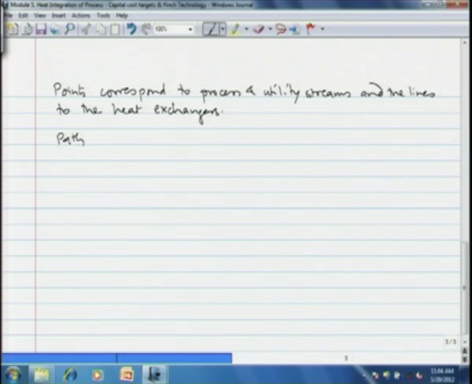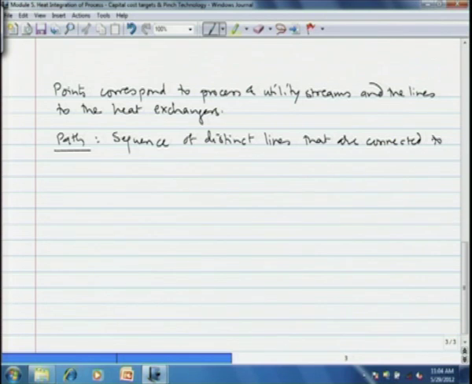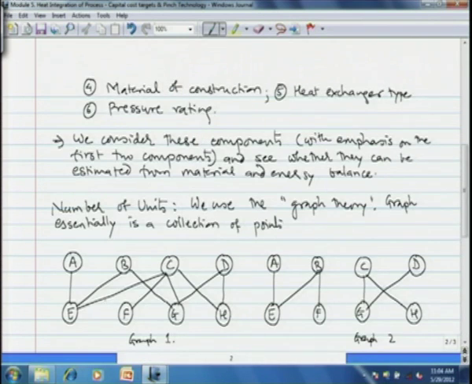Now, let us define the first term, that is path. Path is a sequence of distinct lines that are connected to each other. For example, in this diagram, A, E, C, G, D. Okay. This is a path.